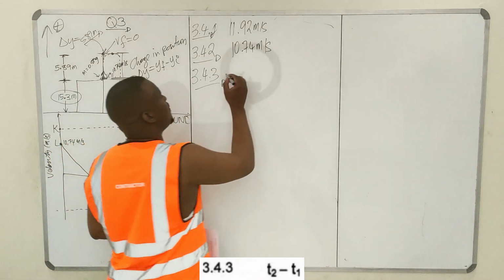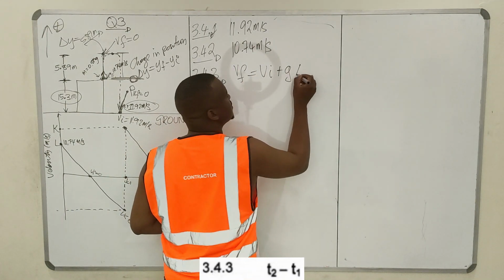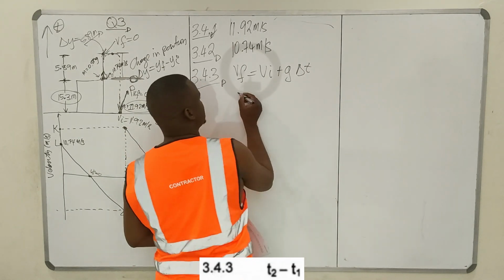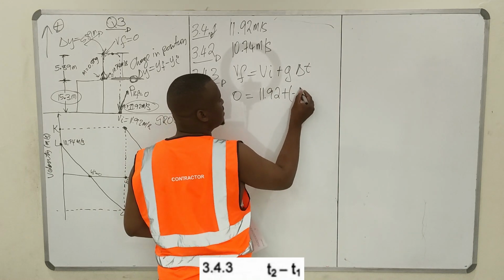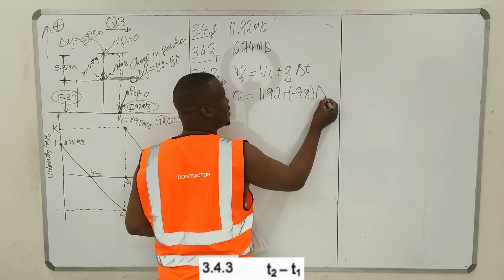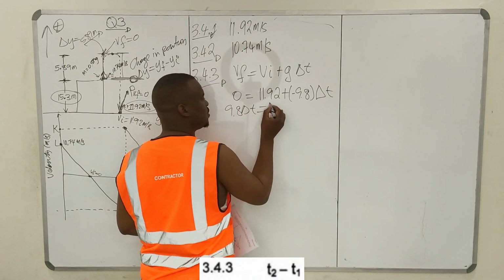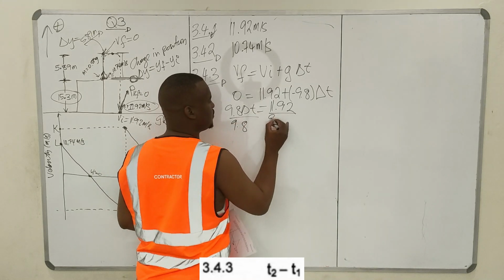You can say, okay, final velocity is equal to initial velocity plus g delta t. Your final velocity there at P is 0. Your initial velocity was 11.92 plus negative 9.8, which is g, times delta t. So 9.8 delta t is equal to 11.92. So divide by 9.8, divided by 9.8.